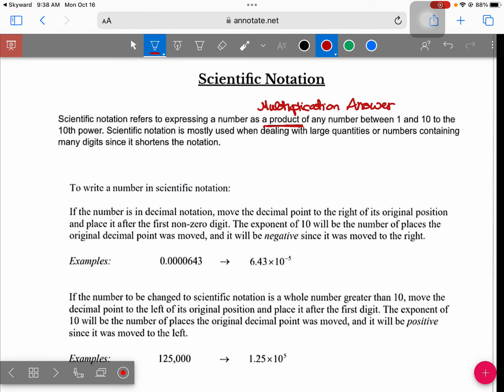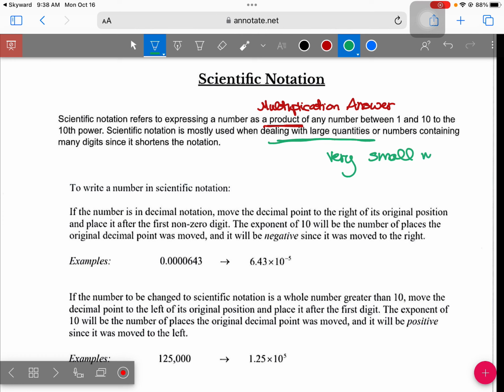Scientific notation is mostly used when dealing with large quantities of numbers containing many digits, since it shortens the notation. So it could be very large numbers or it could be very small numbers also.